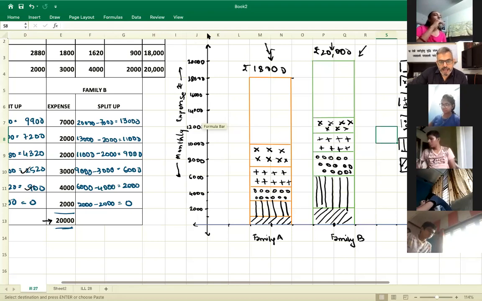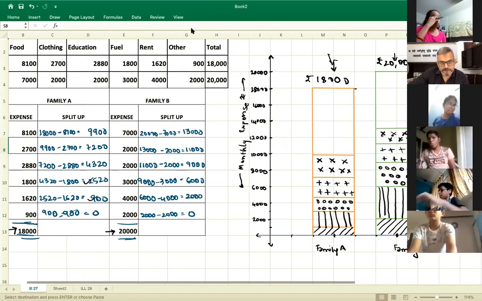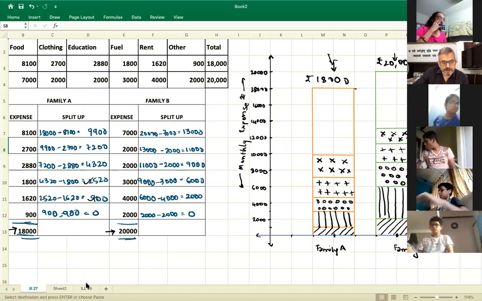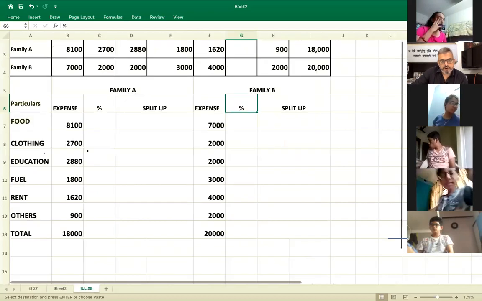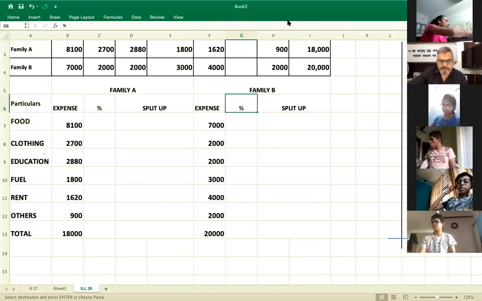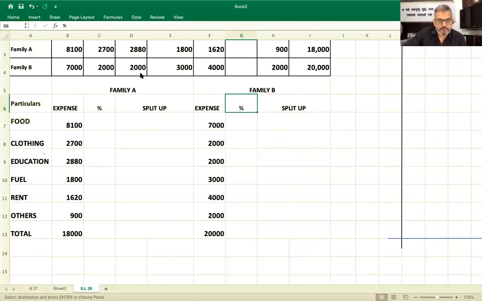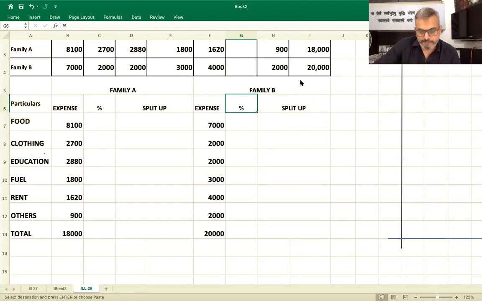So here I would like you to again make a table like we have made, that split up wala. But in this you will now have one more column, that is percentage. You have to keep your calculators with you. So make this format with percentage. You can refer textbook page number 49.